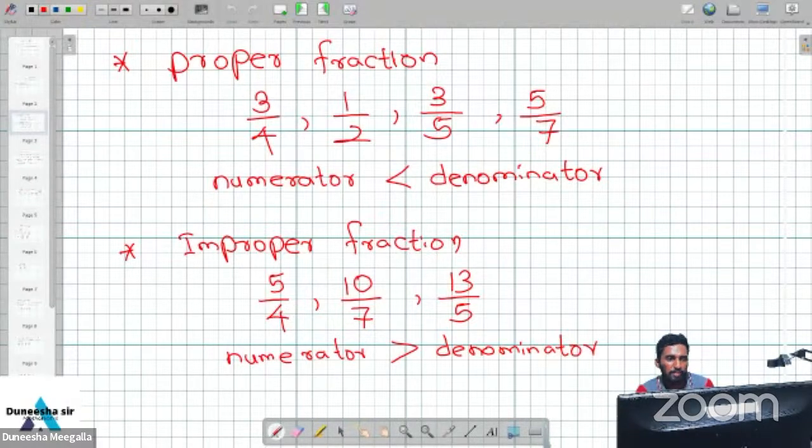What is the difference between proper and improper fractions? In an improper fraction, the numerator is greater than the denominator. Can you remember these things we learned in grade 8?